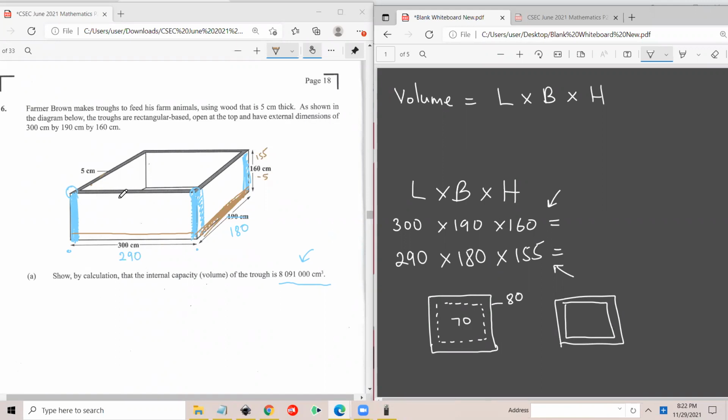So what I'm really asking you to do in the next part of the question is to find the big volume and the internal volume and minus both answers. That is all they're asking you to do. When you do that, you'll be left with the volume of the wood. That's the solid part itself. So see if we can do that calculation for me.